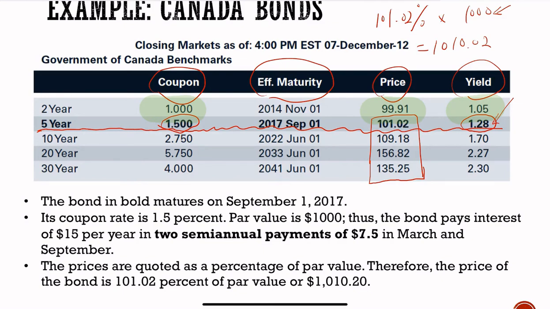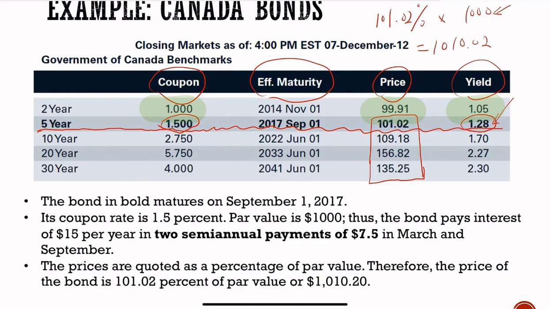In this case, for $1,000 of par value, you would only pay 99.9%, so basically it's a discount bond. Again, you will learn that if the coupon rate is lower compared with the yield, then this bond will become a discount bond.